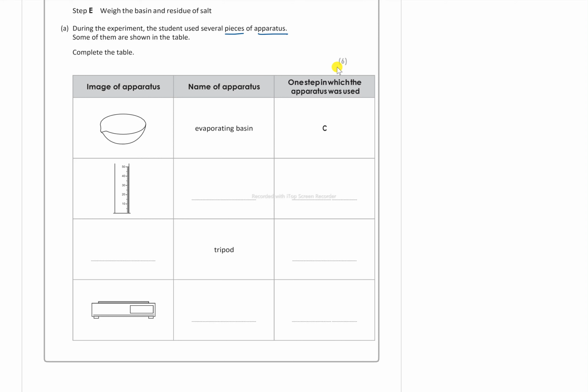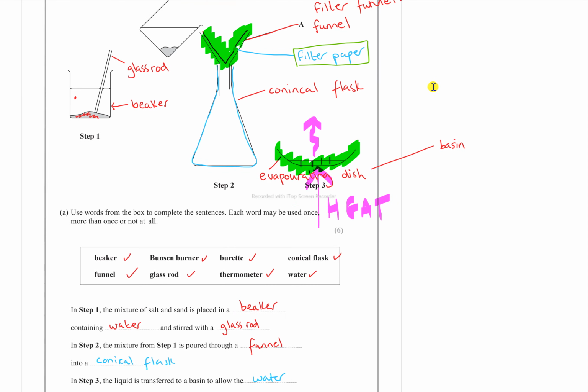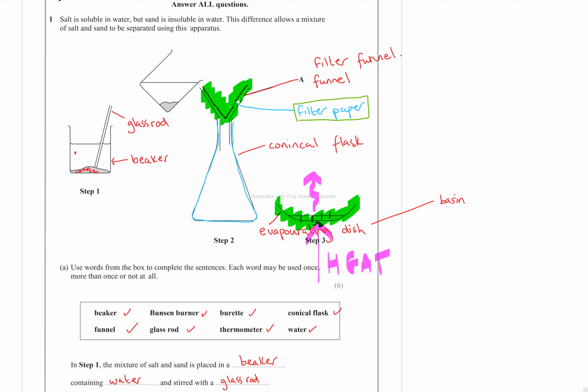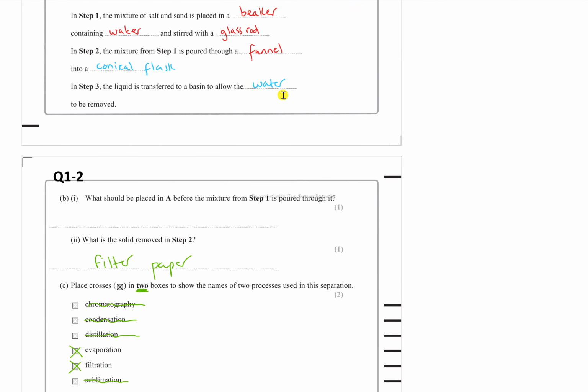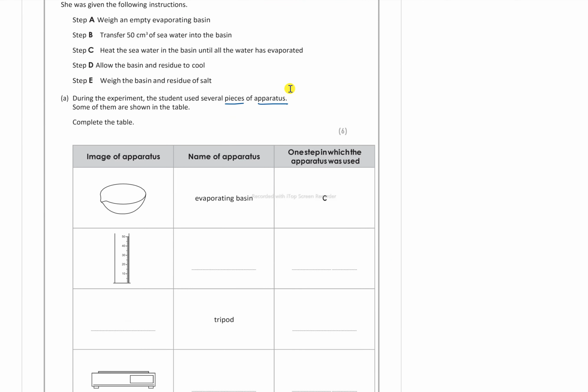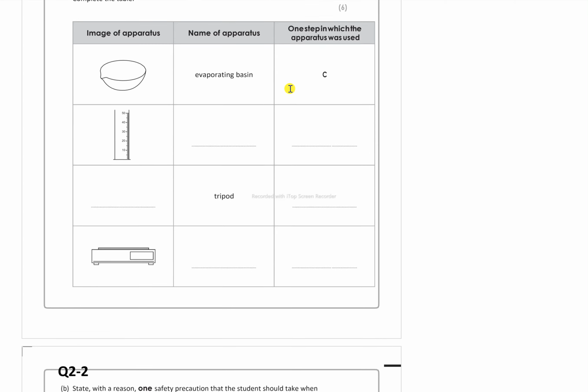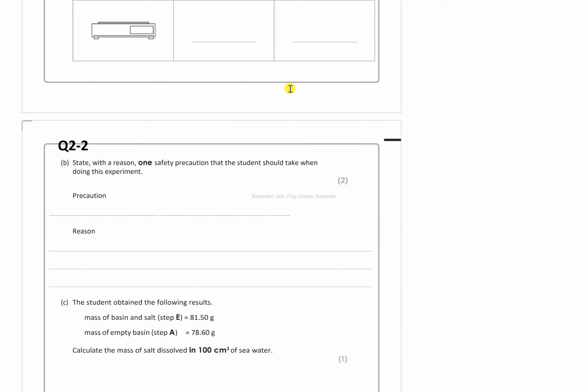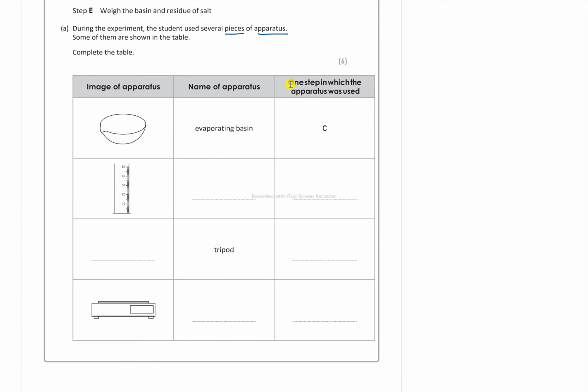Right, the measuring cylinder. I'm trying to link them.